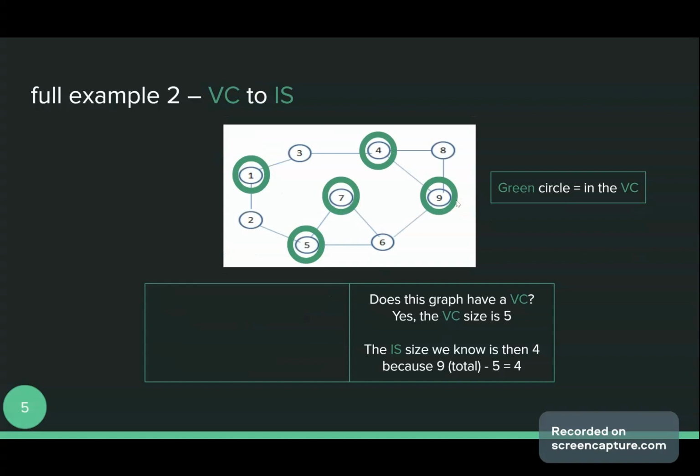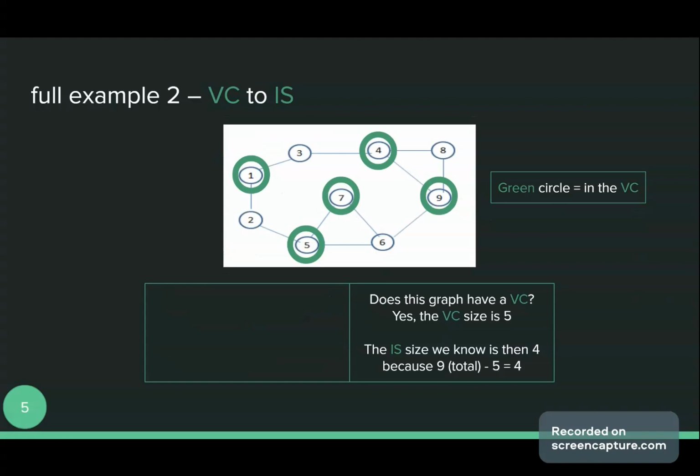The vertex 9 covers 9 to 8 and 9 to 6. The vertex 7 covers 7 to 6 and 7 to 5. The vertex 5 covers 5 to 2 and 5 to 6. And this is the minimum amount of vertices needed to cover all of these edges.